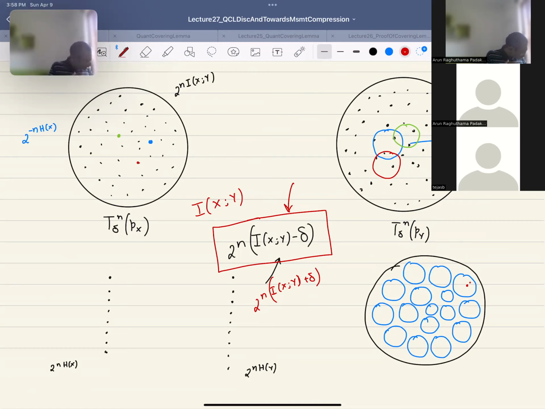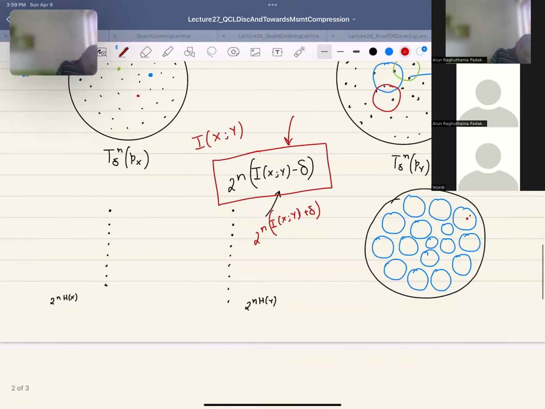The same thing happens in the quantum setting, with subspaces being replaced by these balls, and either the subspaces are orthogonal or they just overlap as though they fill up the entire space. Okay, I'll pause for questions, thoughts, comments.